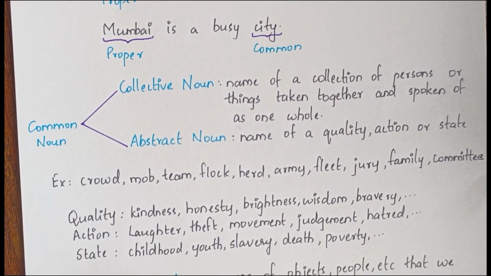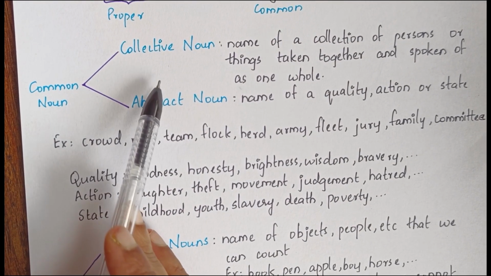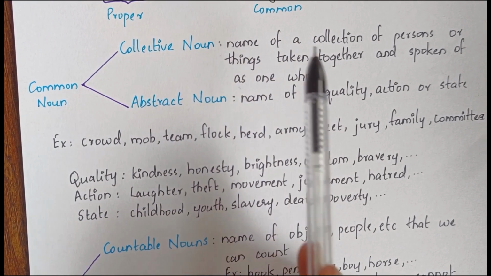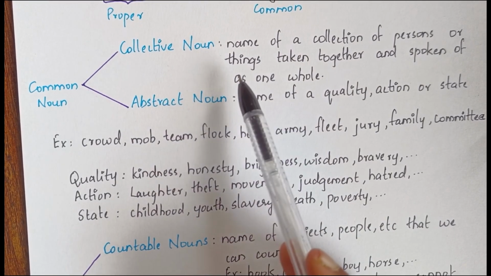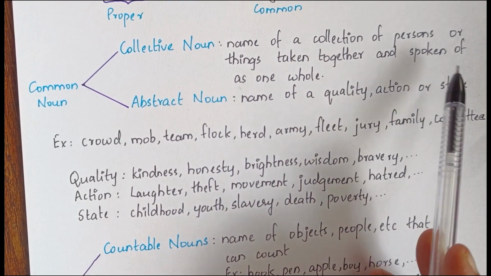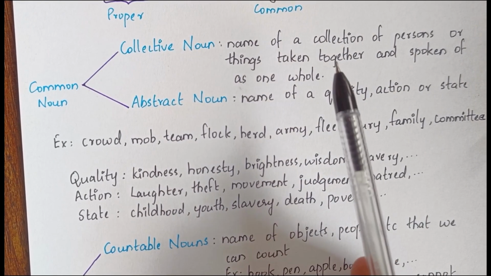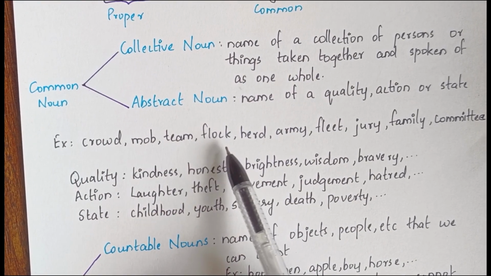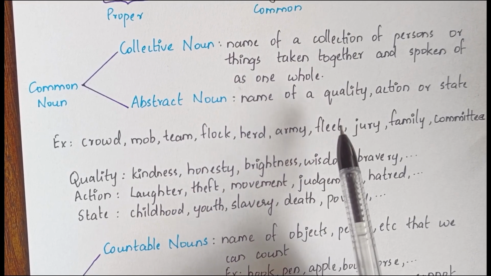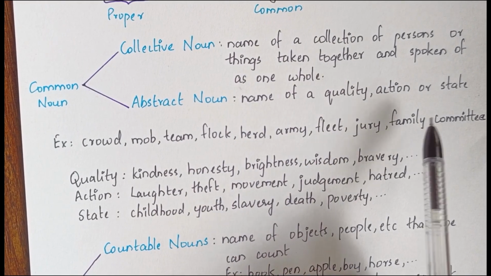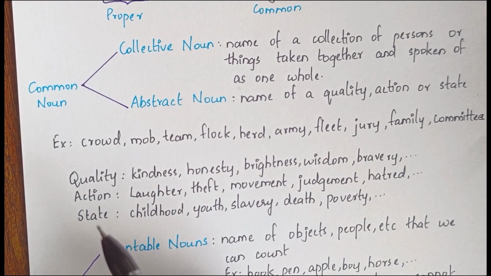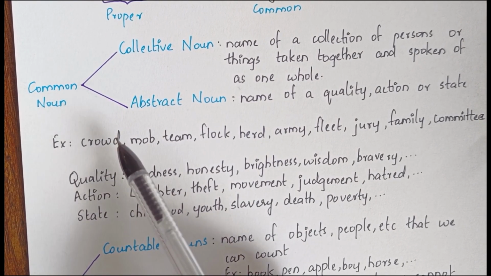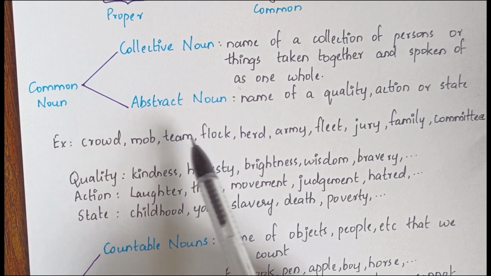Now, let's look into the two classifications of common noun, that is collective noun and abstract noun. So, collective noun is the name of a collection of persons or things taken together and spoken of as one whole. So, for example, crowd, mob, team, flock, herd, army, fleet, jury, family, committee, etc. So here the words crowd, mob, etc. are actually names of a collection of persons.